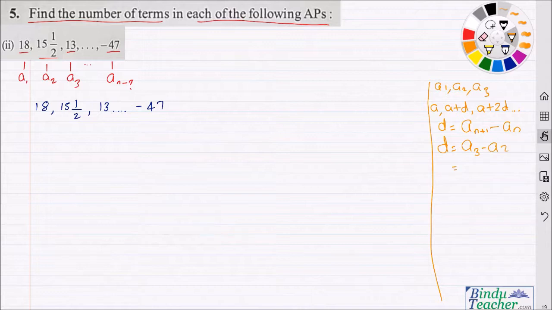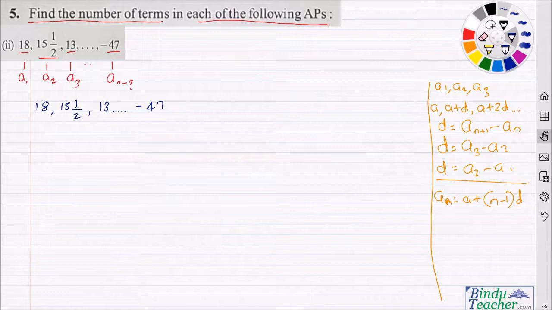And this should also be equal to A2 minus A1. To find the nth term of an arithmetic progression, we use the formula A of n equals A plus n minus 1 into D. Now let's use all these formulas to calculate the value of n.